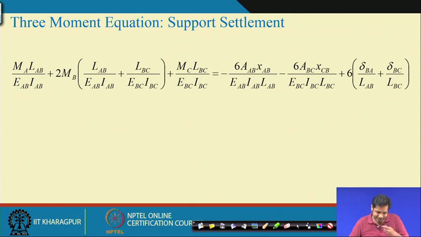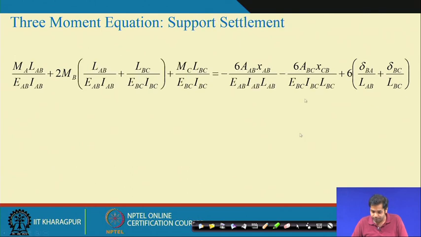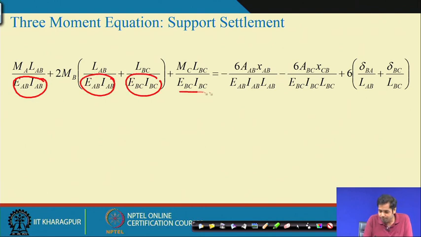Okay. Now, slightly simplify this equation. You see, if Young's modulus times I, EI, is constant, meaning the flexural rigidity of the entire beam is constant, then from the previous expression all these EI, if they are the same, may get cancelled.